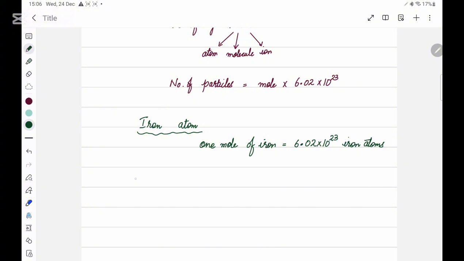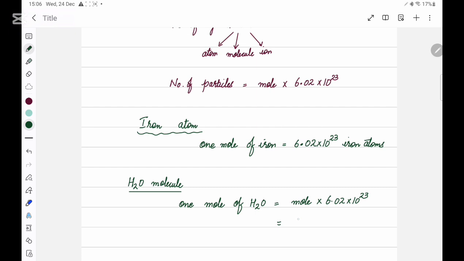But water is basically a molecule. So if water is a molecule, then 1 mole of water contains mole times 6.02 times 10 raised to power 23.